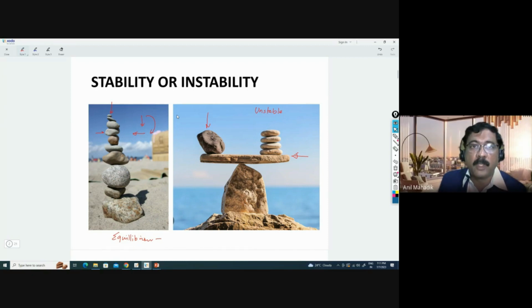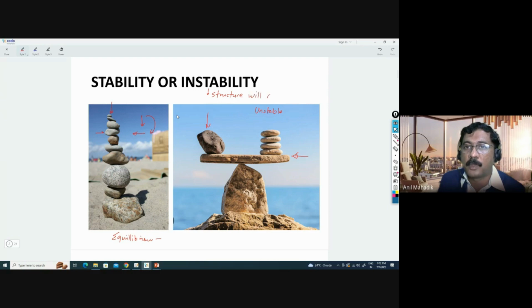Now, can you tell me then what you understand by stability, or what is instability? So in short, I can say that instability is a situation where the structure will collapse.